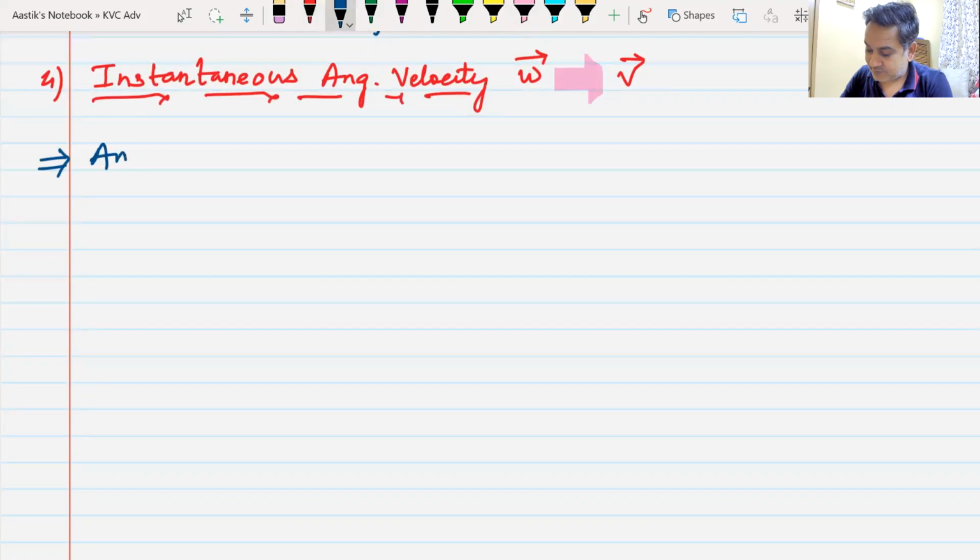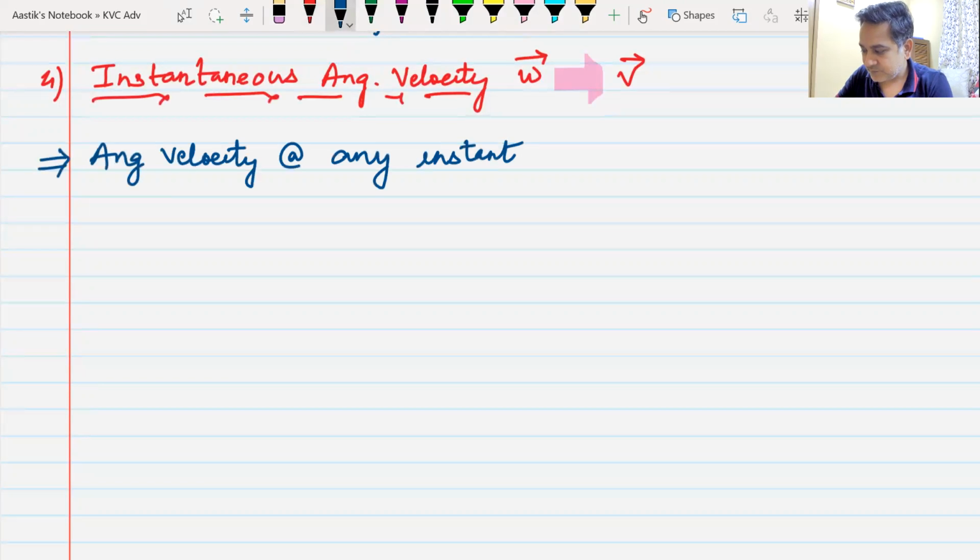It is the angular velocity at any instant. If someone asks you, what is your angular velocity? You will tell your instantaneous angular velocity. You will not tell your average angular velocity. Instantaneous angular velocity, omega vector.